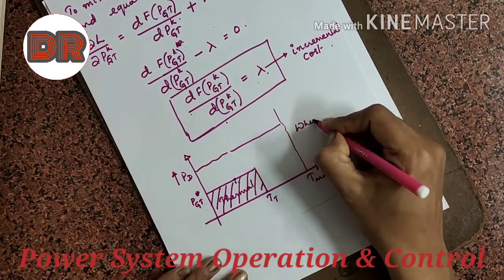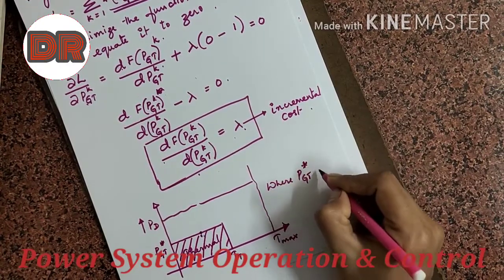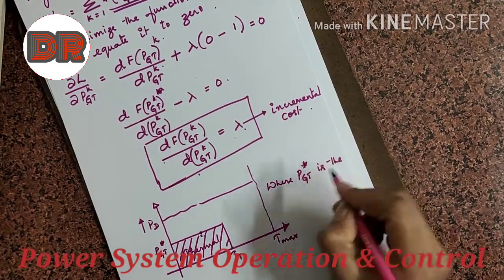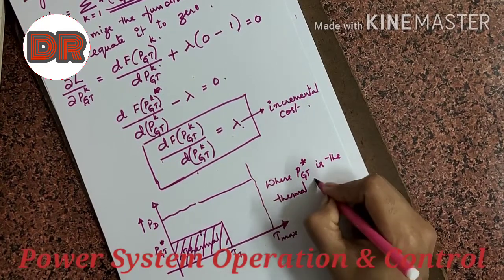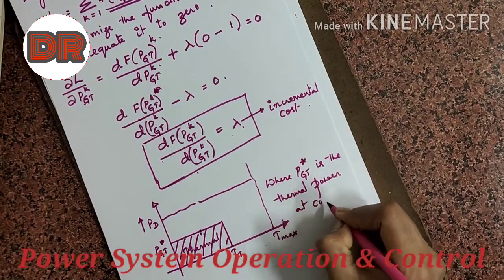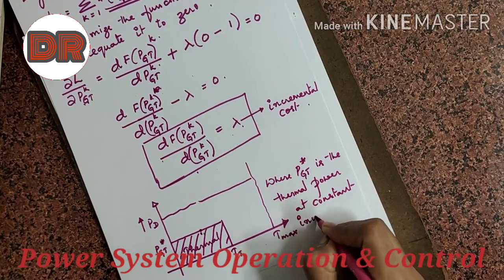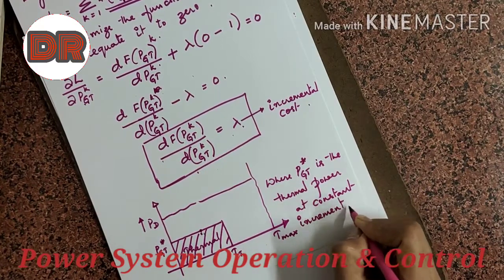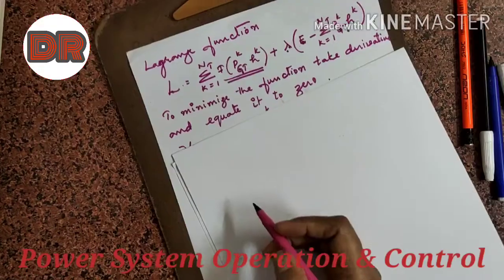So let me write here, where Pgt star is the thermal power at constant incremental cost. I hope this is clear. Incremental cost.